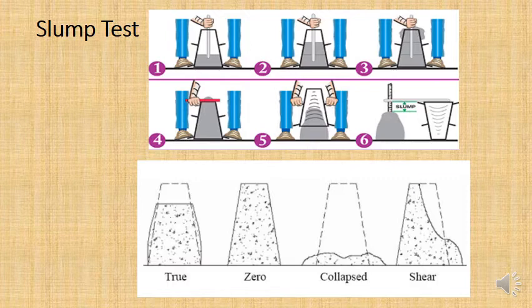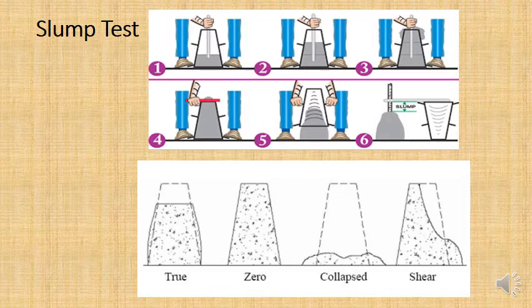And if it shears off, so it's tall on one side, but it falls down on the other, that means the concrete is not evenly mixed, because you've ended up with 1/2 of the concrete strong and 1/2 of the concrete weak. So you didn't mix it well enough.